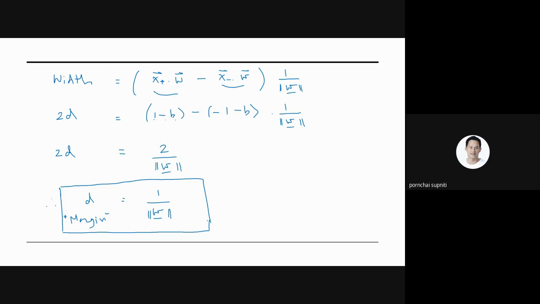Now let's take a look a little bit more at how to find the W, because we don't have the weight yet. How do you find it? In general, we need to convert the problem using what is called the Lagrange theorem.